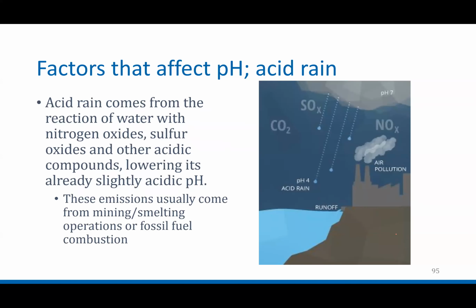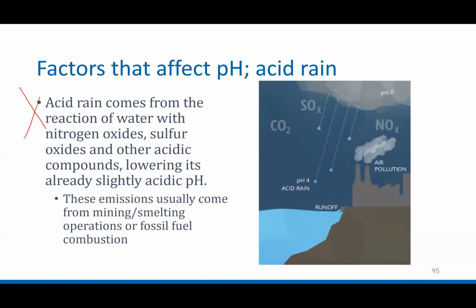This is a topic I talk about in another chemistry course, I think 1120 or 1121. You don't need to know where it comes from, but if you're curious, it comes from the reaction of water with nitrogen oxides, sulfur oxides, and other acidic compounds in the atmosphere, lowering its pH.